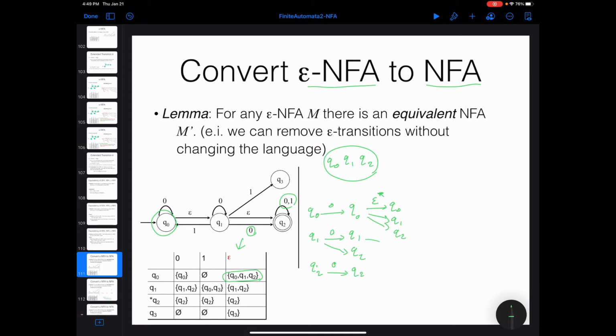If you are at Q1, you can be at Q1 and Q2. If you are at Q2, you can be only at Q2. So basically from this state, if you are at Q0, Q1, or Q2, you can be at Q0, Q1, Q2. Nowhere else.